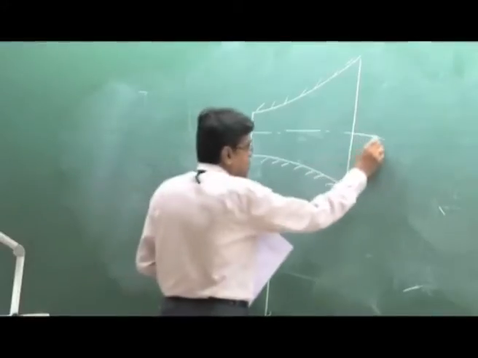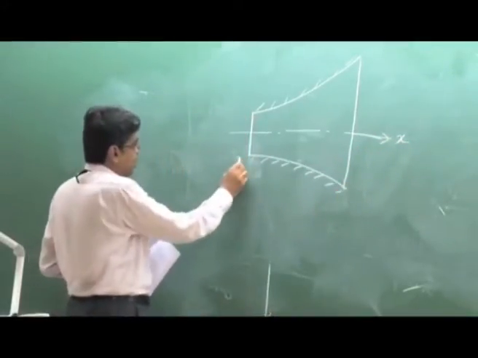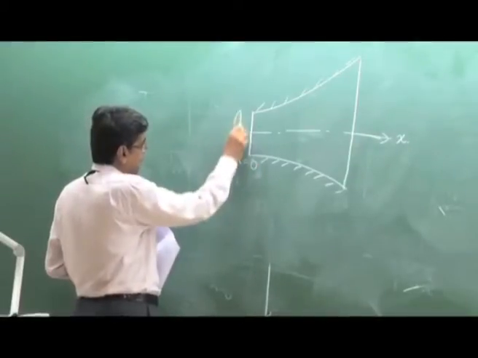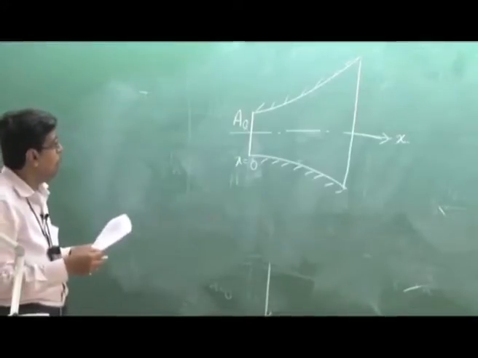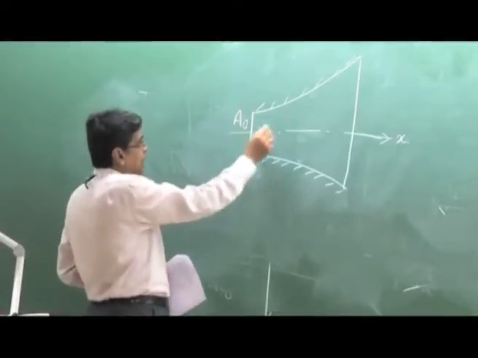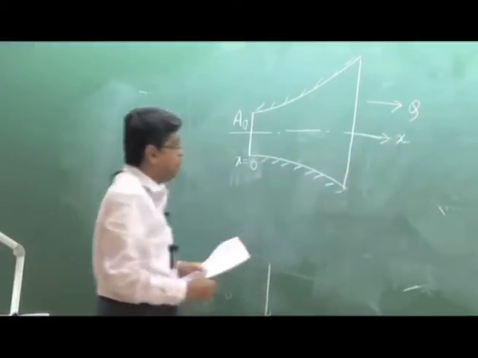Now this is x equal to 0 and the area is A0. Heat is flowing in this direction because of the temperature difference.